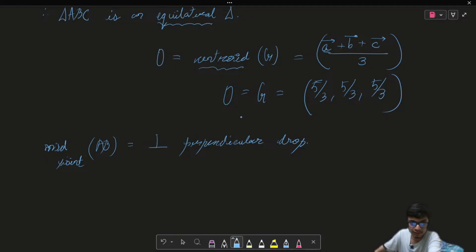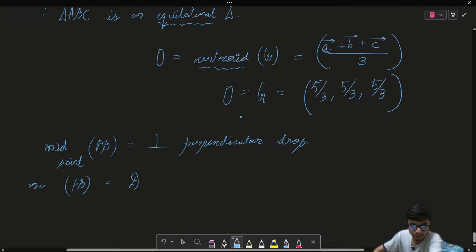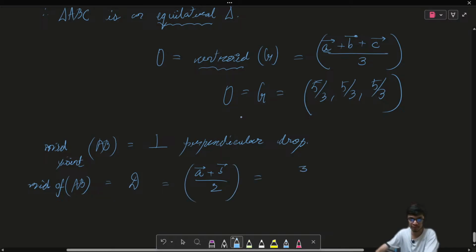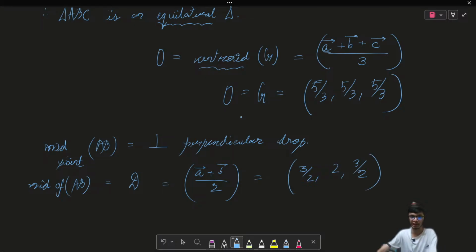So if I find the midpoint of AB, it is D, which can be written simply as (A vector plus B vector) divided by 2. If I do that, the coordinates come out as (3/2, 2, 3/2), which you can verify by yourself.